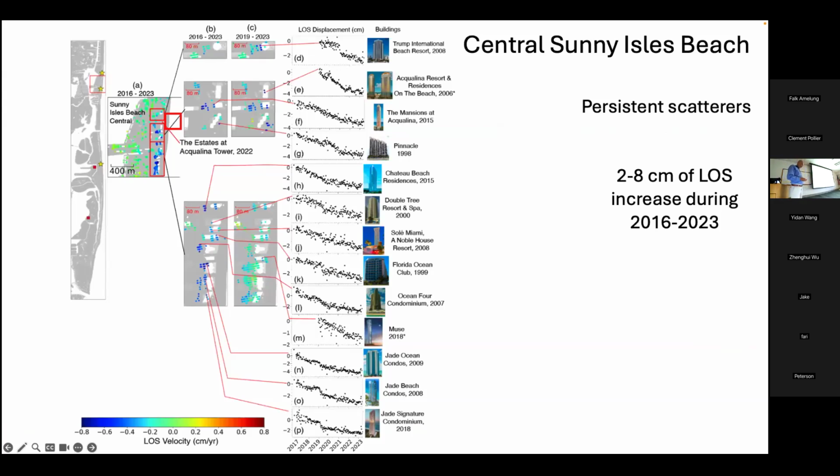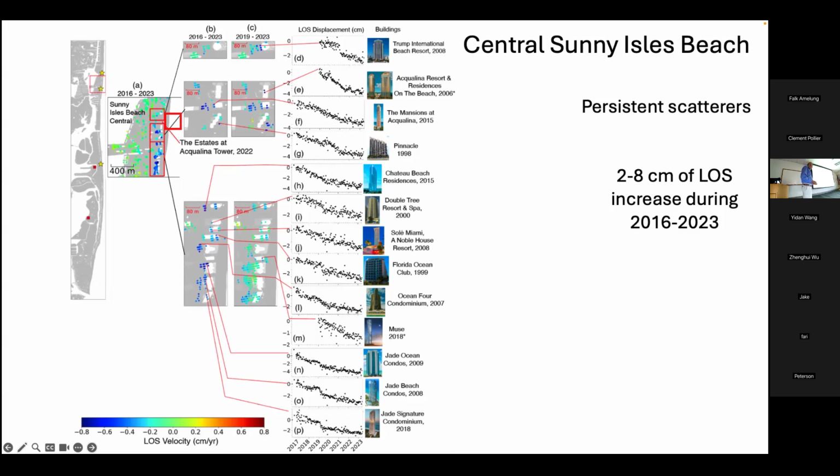Okay, let me go over the other examples. Up in central Sunny Isles Beach, no matter really where you look, we are going to get those subsidence signals. Some of the buildings are a little bit older, the Trump International Beach Resort, for example, and also more recent ones, for example, the Jade, which was built in 2018.